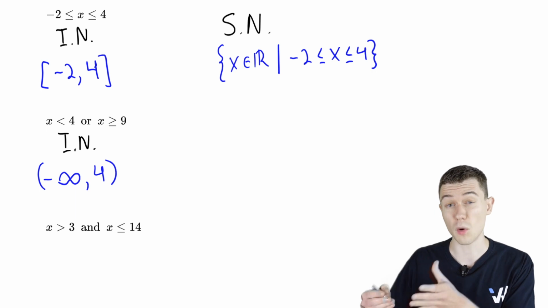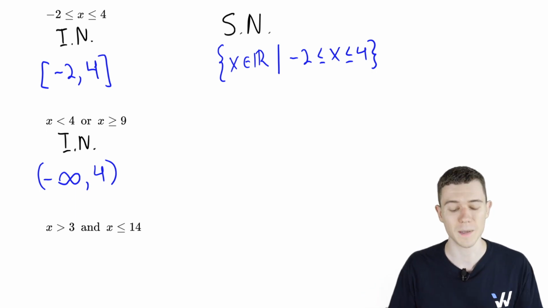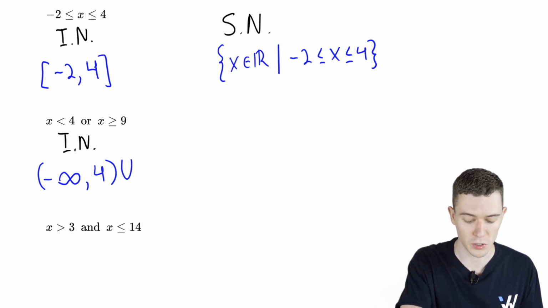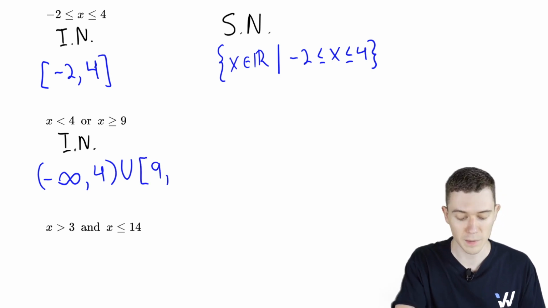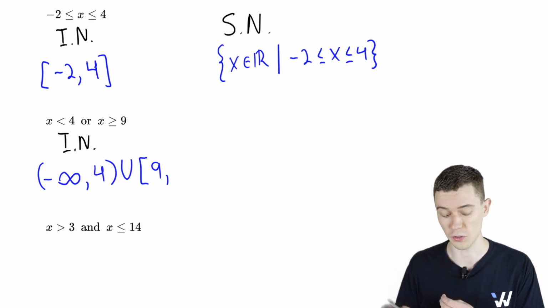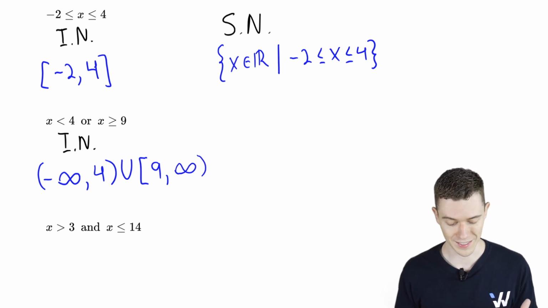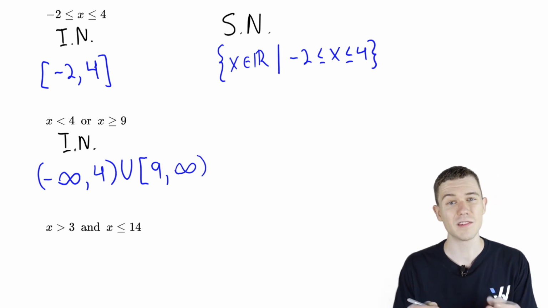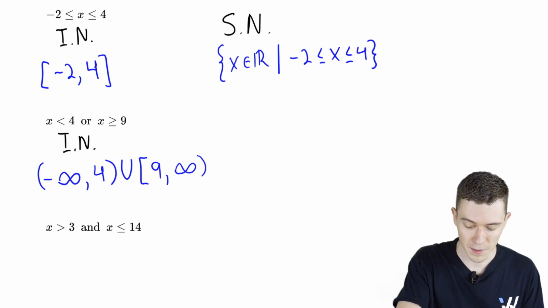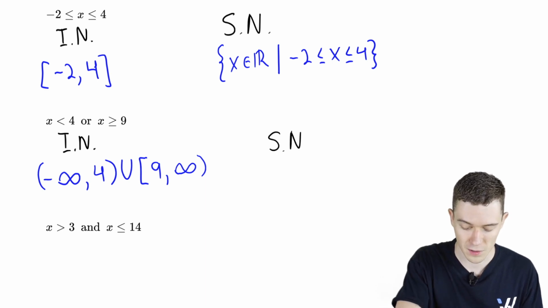Now, since it says or, and we want to include something else, we'll use a U for union. We are also including this other interval, which will bracket around 9 because it's greater than or equal to, and then up forever. We go up to +infinity, put a parenthesis around there. That's the interval notation. Let's do the same thing for the set notation.